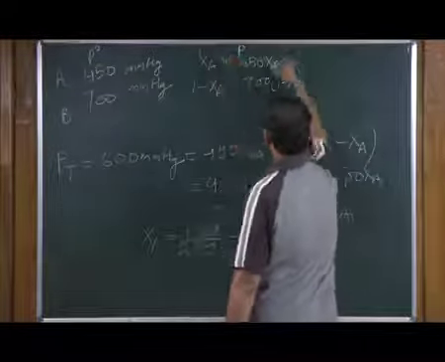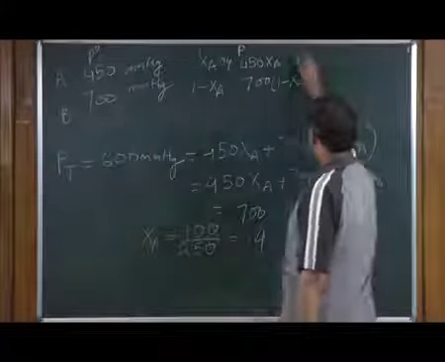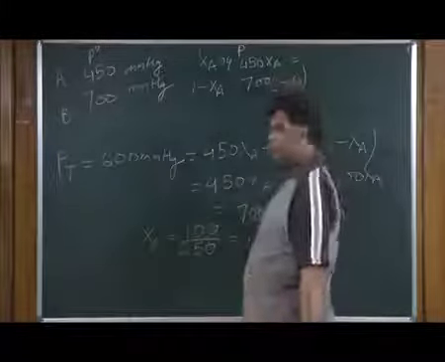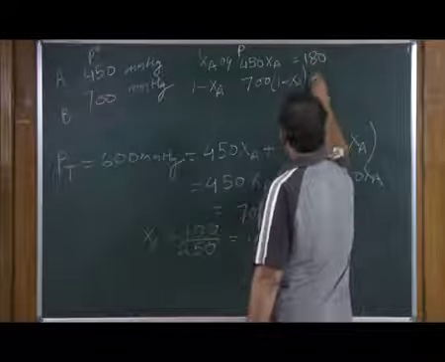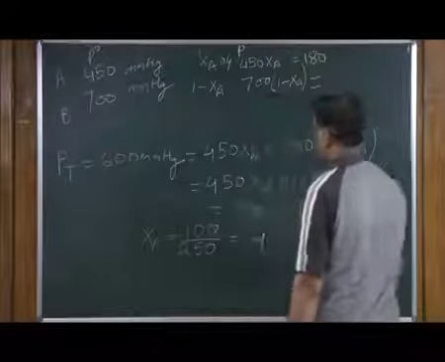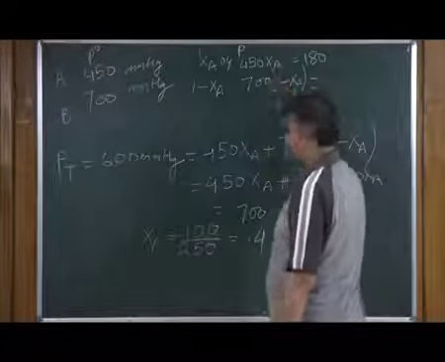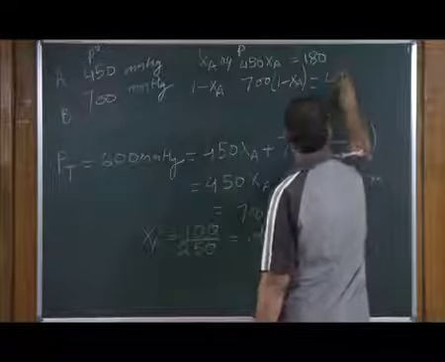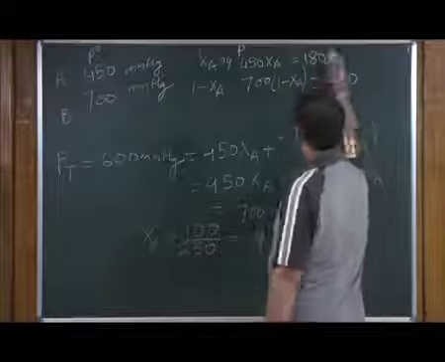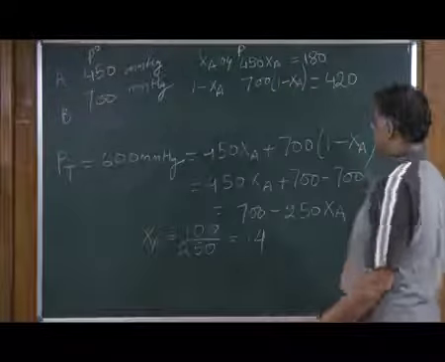So, the partial pressure of A is going to be simply 450 into 0.4, that is 180, and the partial pressure of B is going to be 700 multiplied by 1 minus X A, that is 0.6, so it is going to be 420. So, we can check the total pressure is 180 plus 420, that is 600 millimeter Hg.